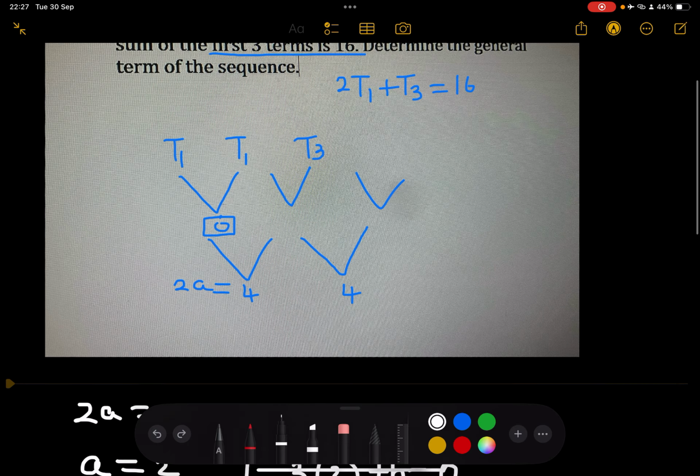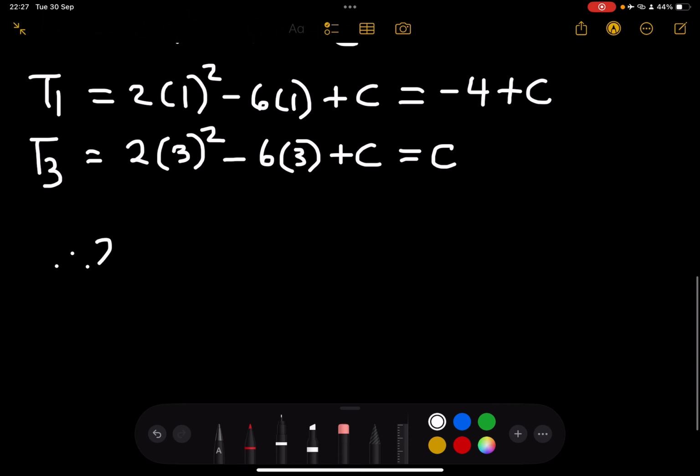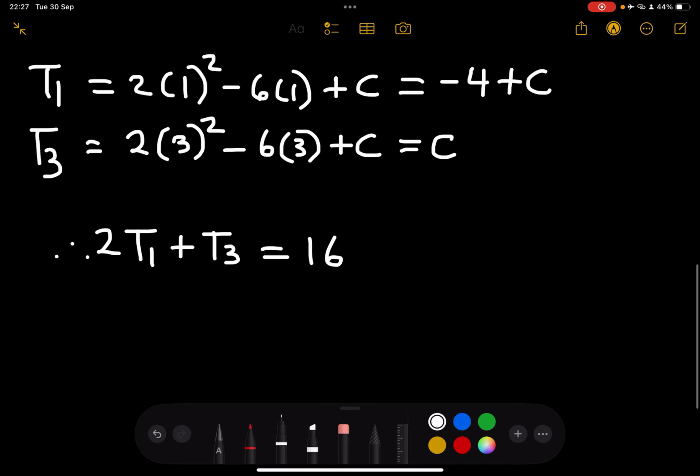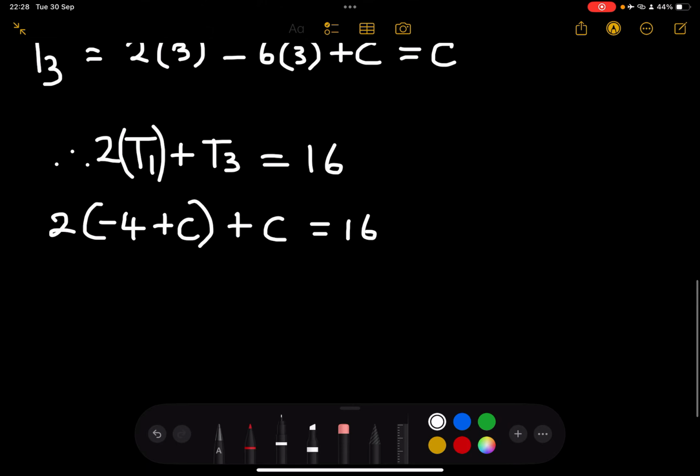So now I'm going to substitute this into the formula, therefore 2T1 plus T3 equals 16. We have 2 times (negative 4 plus c), because T1 is negative 4 plus c, and then plus c equals 16.